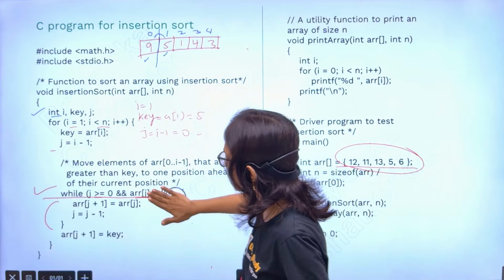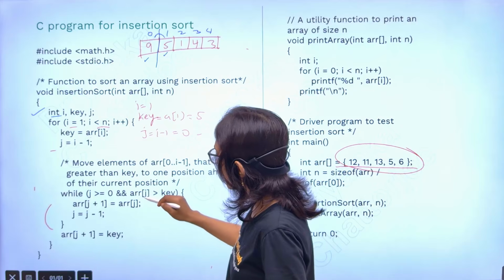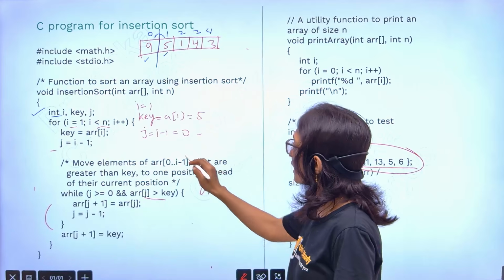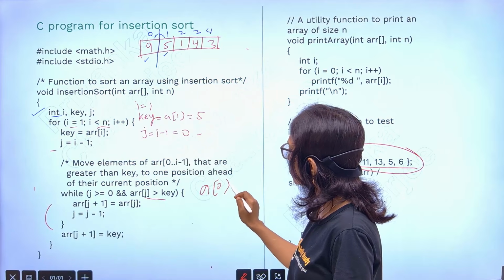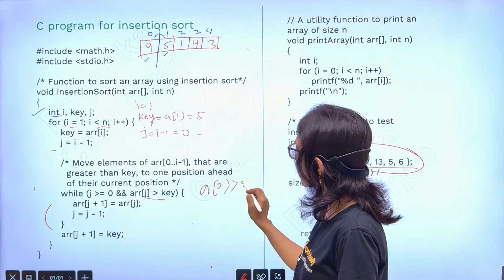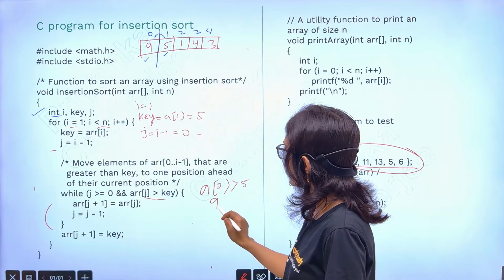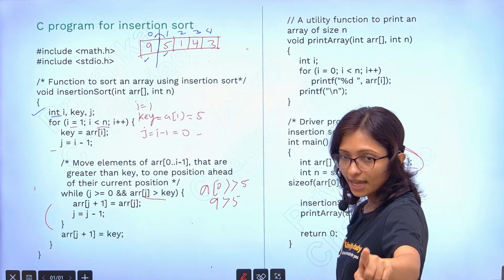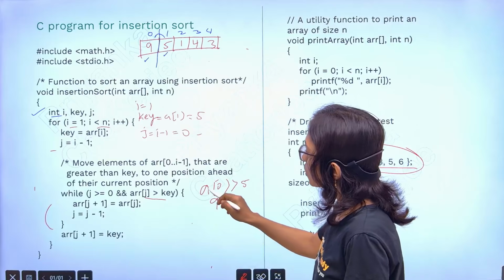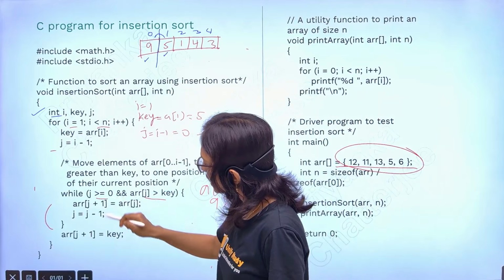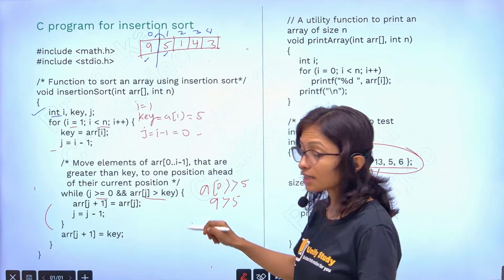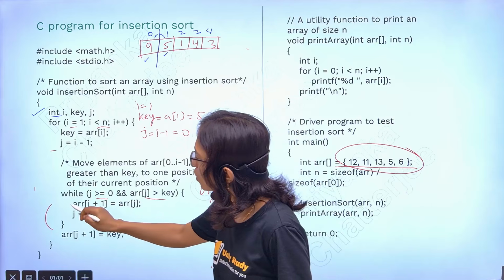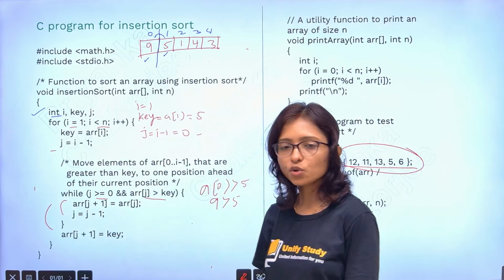Not a[i], it is a[j] greater than key. What is a[j]? a[0] greater than key, that is 5. a[0] is 9. 9 greater than 5, yes. So j greater than or equal to 0 and 9 greater than 5, both are true. When both are true, you are going to enter into the while loop.